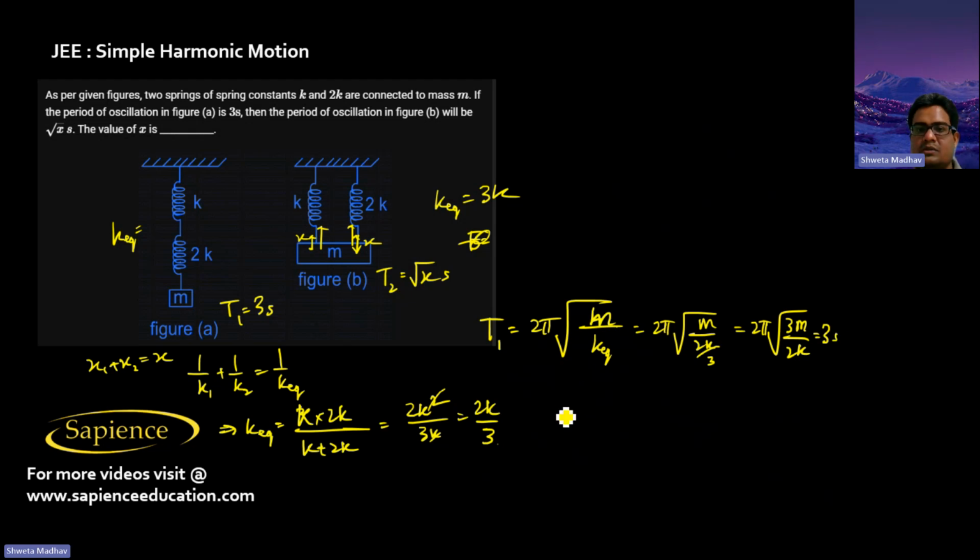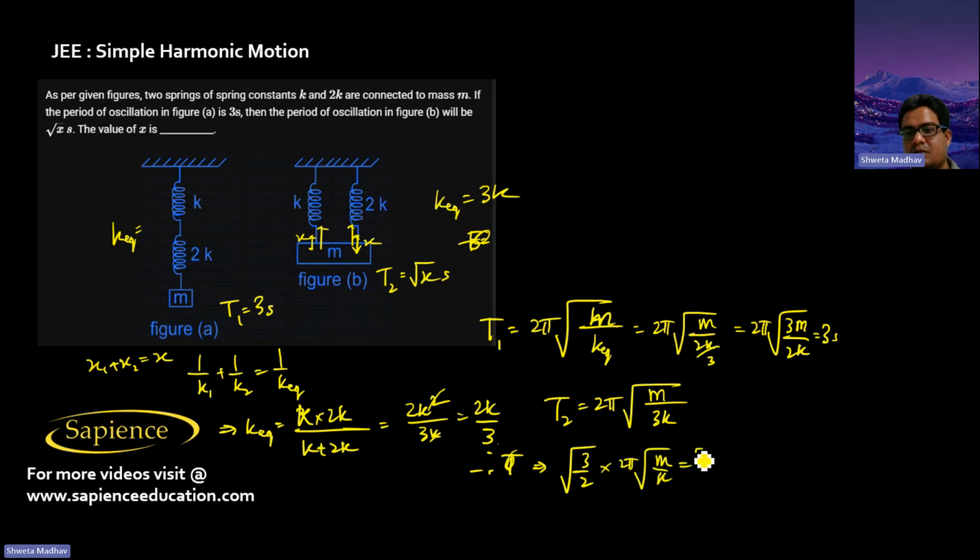Then T2 will be how much? T2 will be equal to 2 pi root over m by k equivalent, that is 3k. From here, T1 is 3 seconds, so I can say root over 3 by 2 into 2 pi root over m by k is equal to 3 seconds. So 2 pi root over m by k is equal to 3 into root over 2 by 3.